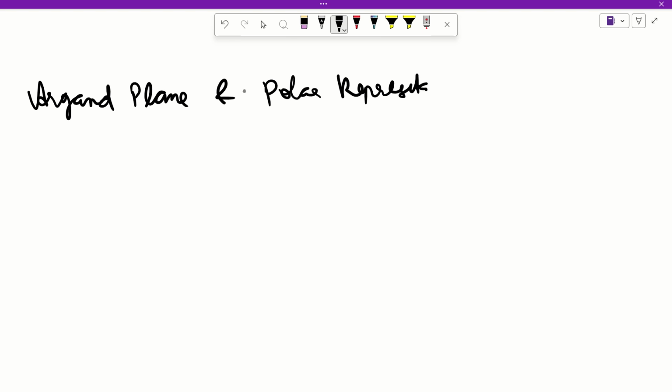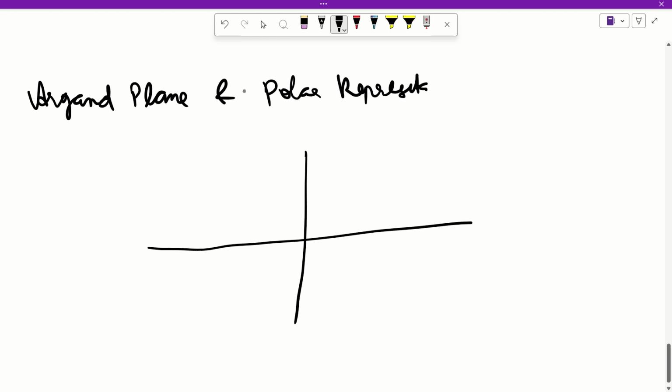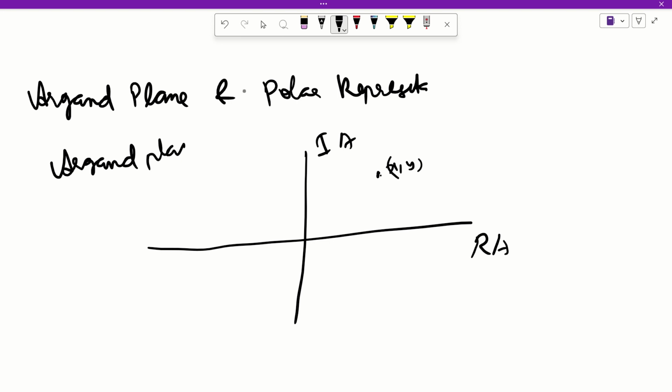Argand plane is a plane consisting of real axis and imaginary axis. I'm going to mark this as RA, real axis, and this as IA, imaginary axis. This plane is called the Argand plane. Let's say I have a point x comma y for x plus iy. So the point xy will be here, and this is the origin.